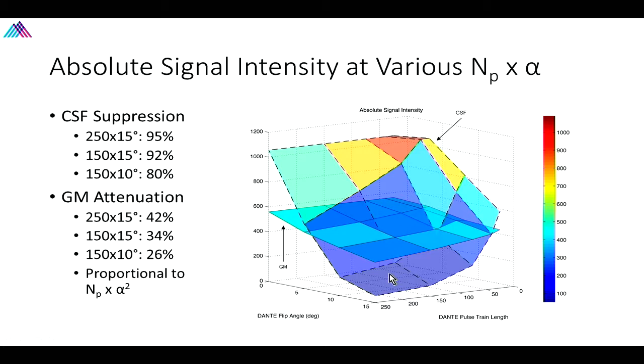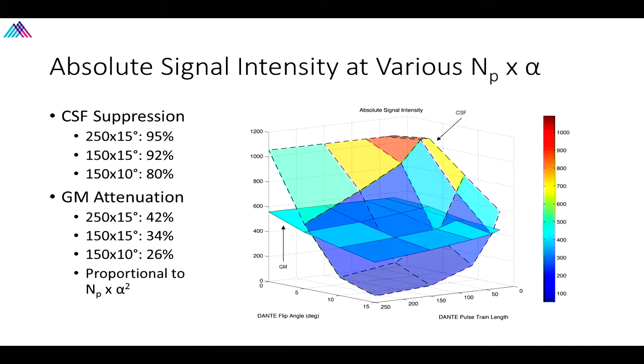So by way of numbers, at our strongest, 250 pulses at 15 degrees DANTE preparation, signal in the CSF is attenuated by 95%, whereas slightly more conservative DANTE preparation of 150 by 15 or 150 by 10 achieves 92% and 80% suppression of CSF respectively.